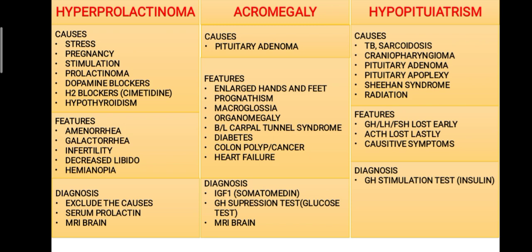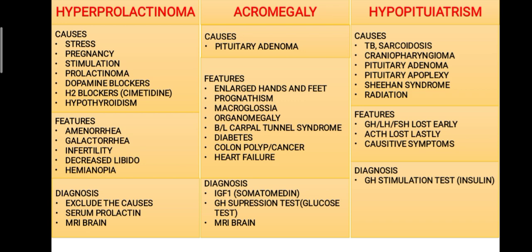But in a patient with hypopituitarism, even after giving insulin, the growth hormone level would still be low. Even though the patient's body does not have enough glucose, the growth hormone, since it is not present in sufficient amount, cannot raise the glucose. By this we can diagnose hypopituitarism.